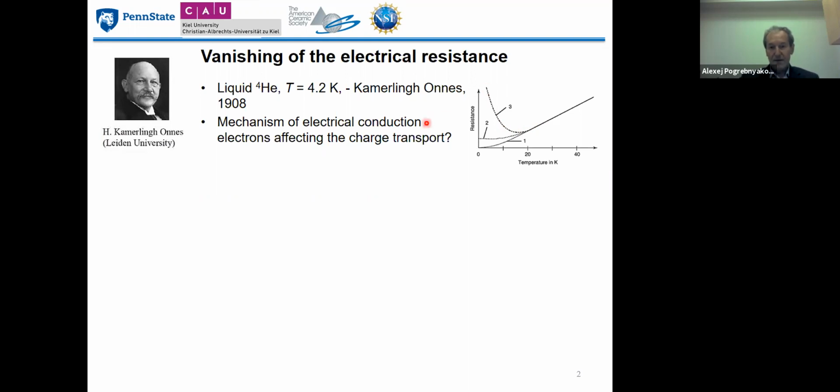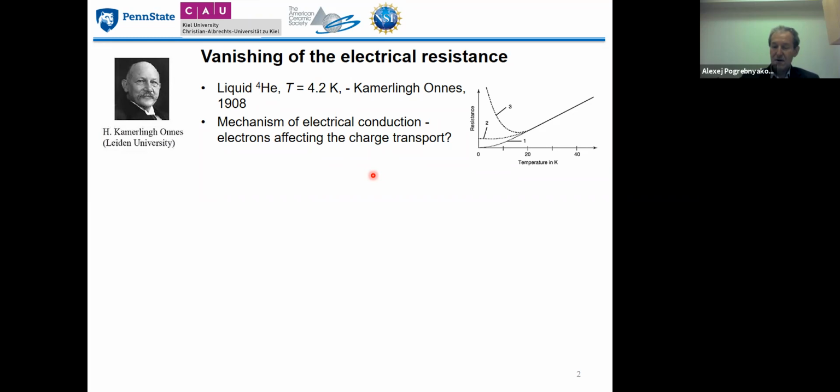Kamerlingh Onnes studied the electrical conduction of pure samples of gold and platinum, because samples at that time could be obtained in pure form. But then he switched over to the liquid metal mercury, because after consecutive distillation that material could be obtained in very pure form.